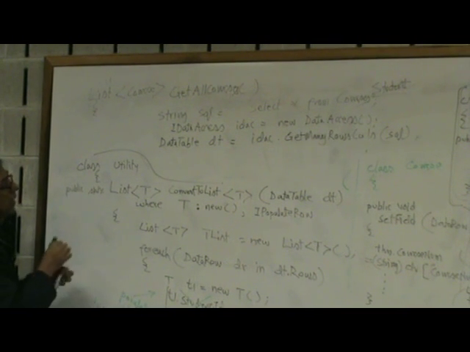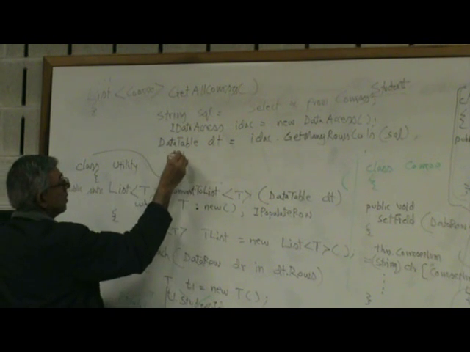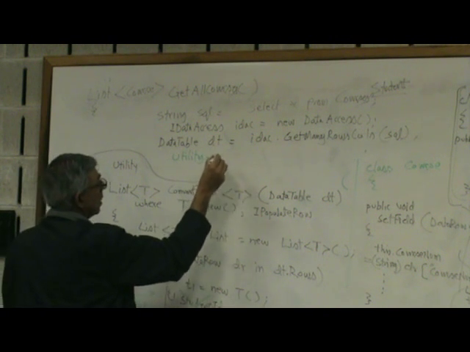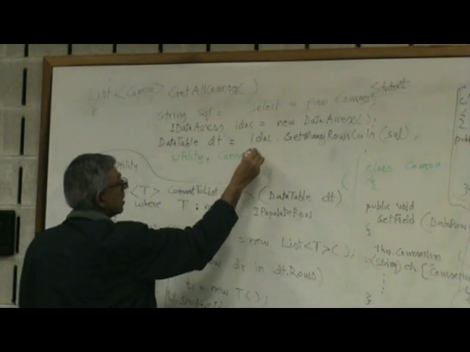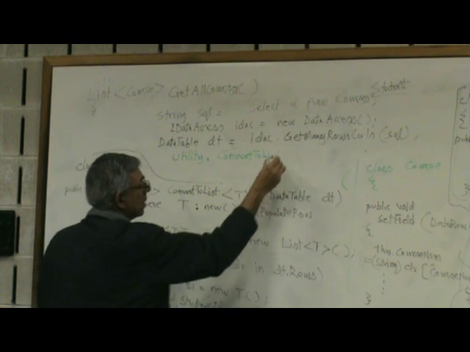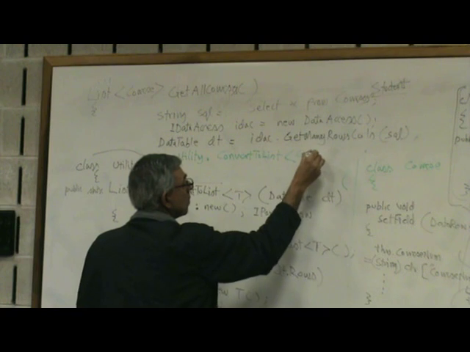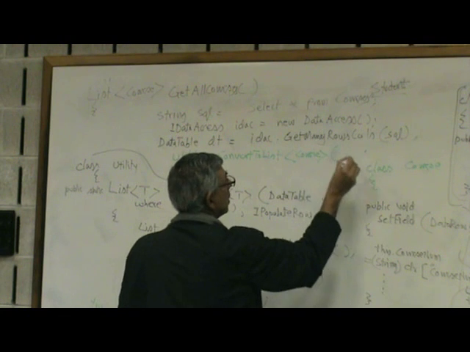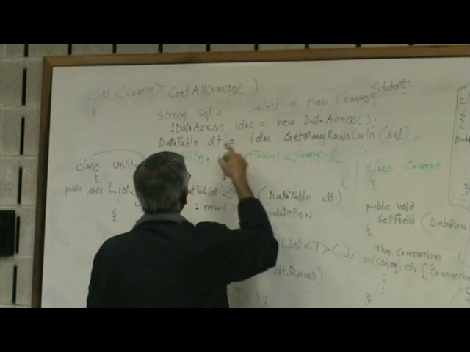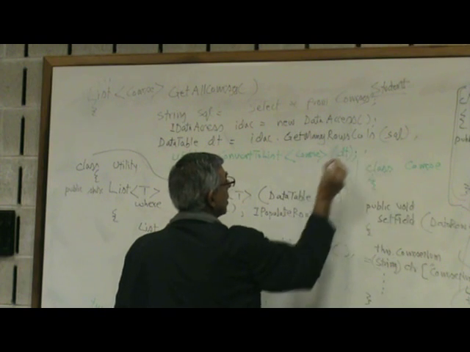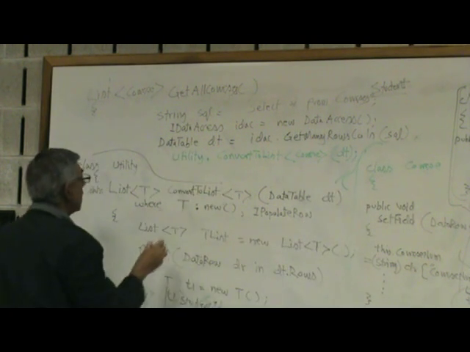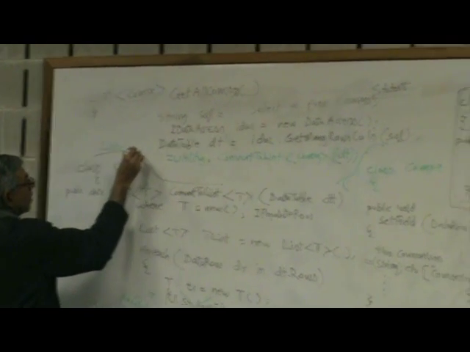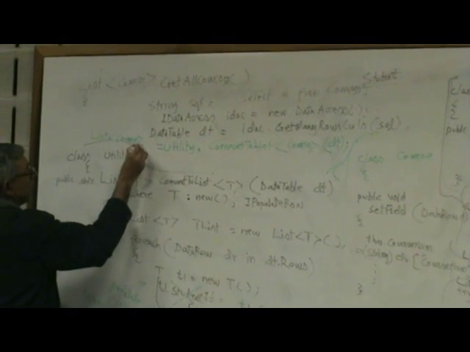Now if somebody tried to do something like Utility.ConvertToList of Course, and let's see, our data table dt, and try to store it in a list of Course, and let's call it cList.